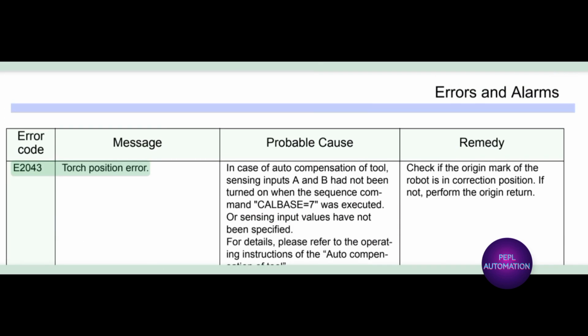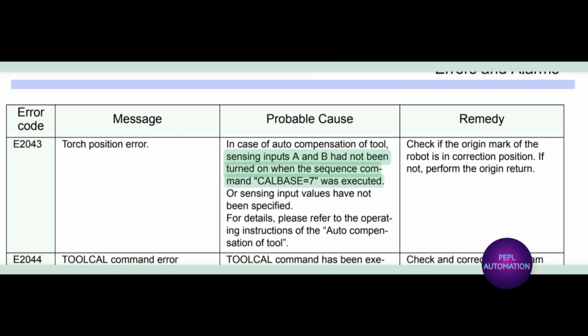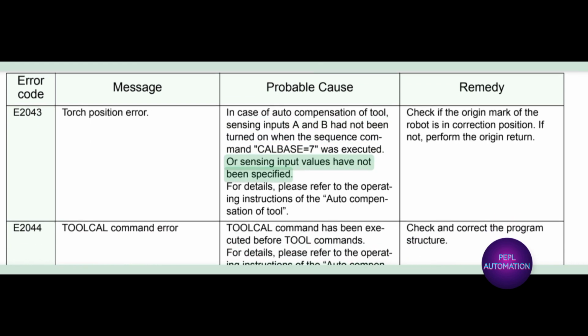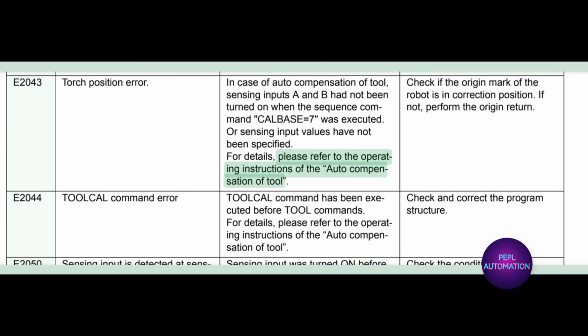E2043 Torch position error. In case of auto compensation of tool, sensing inputs in B had not been turned on when the sequence command CALBASE equals 7 was executed, or sensing input values have not been specified. For details, please refer to the operating instructions of the auto compensation of tool.